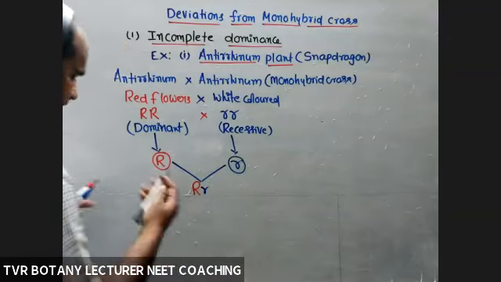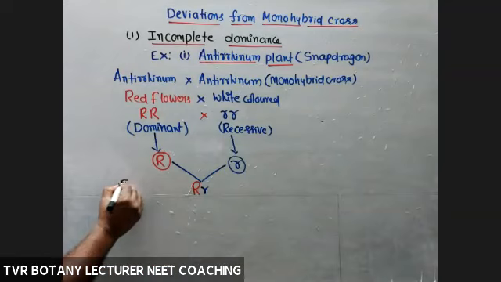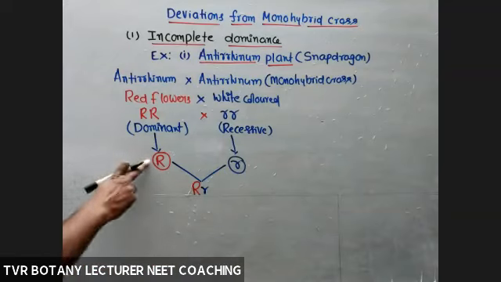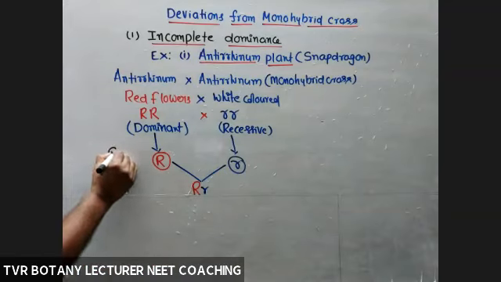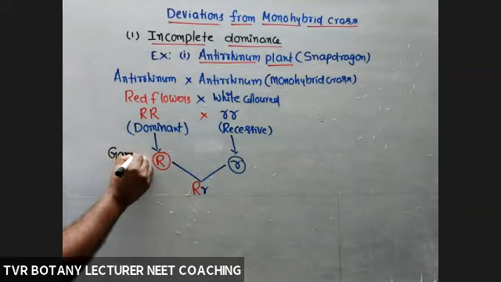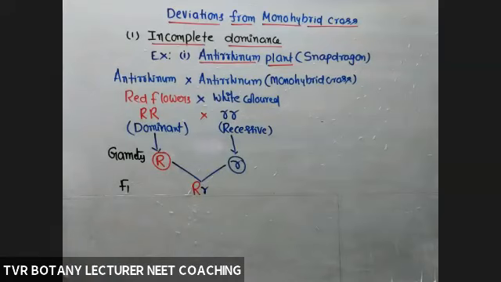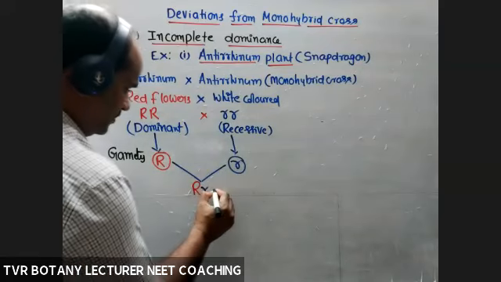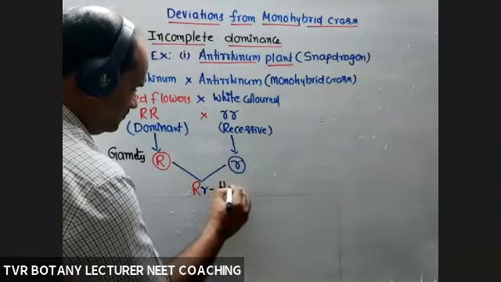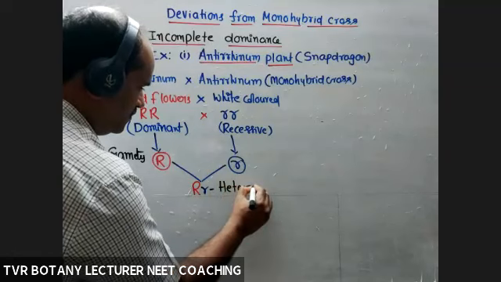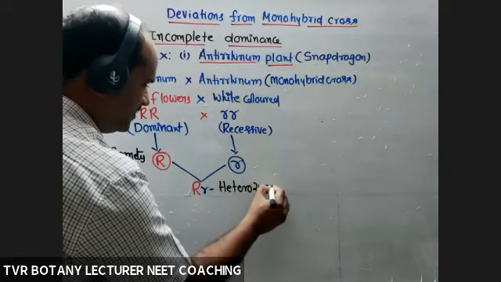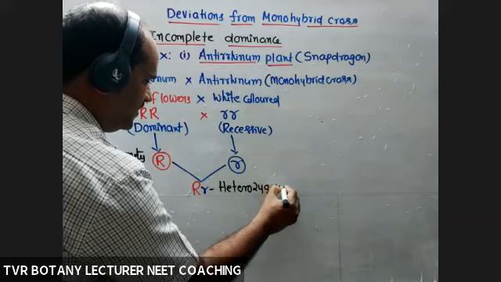So this one is F1, from the gametes of the basic parents, parent 1 and parent 2. So this one is heterozygous.